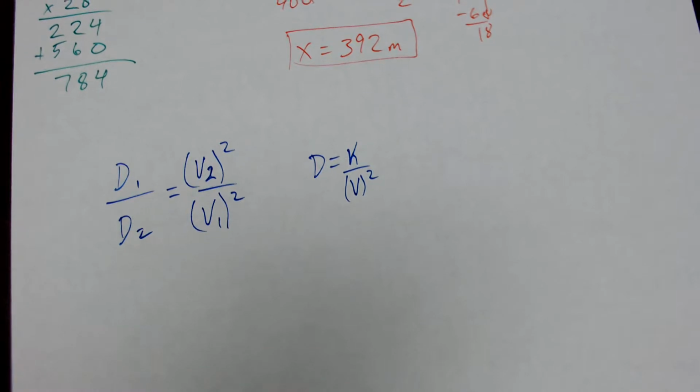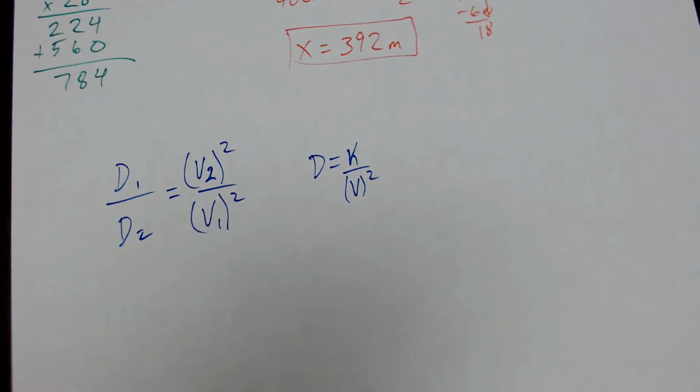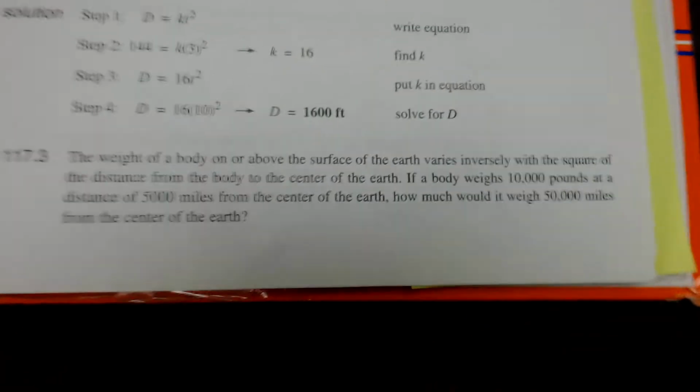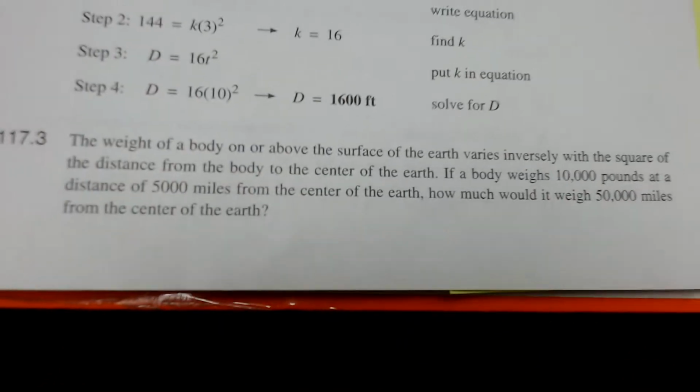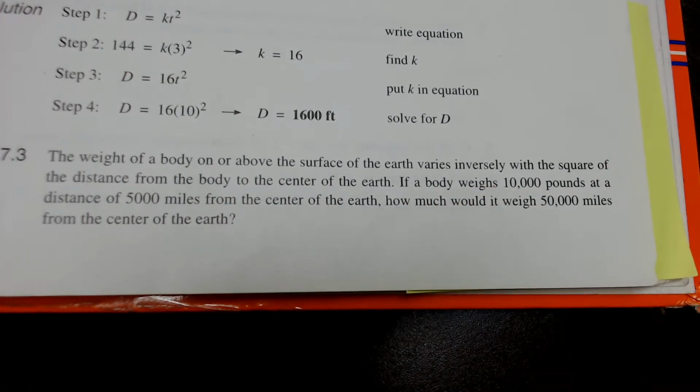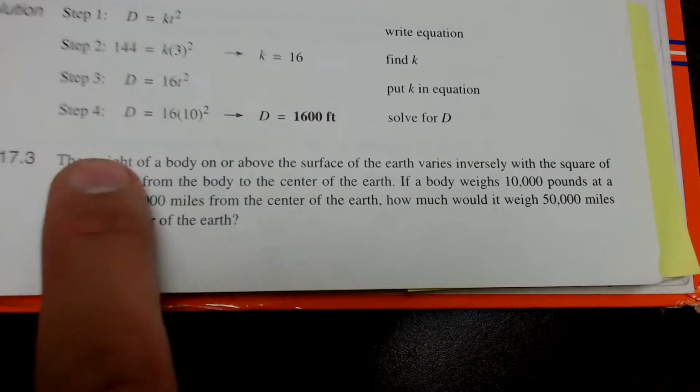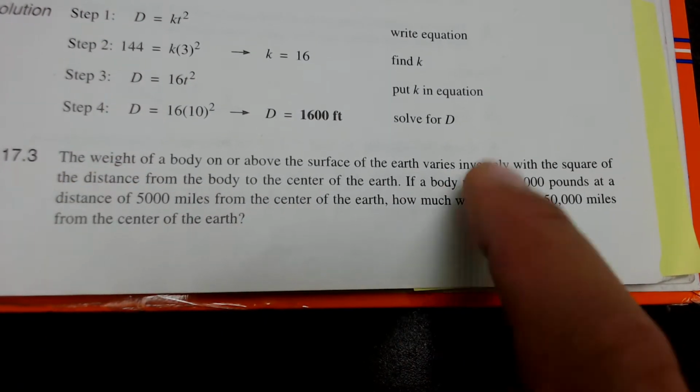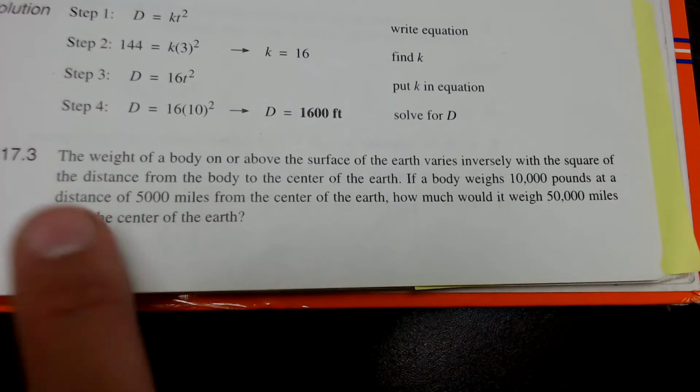Now let's go ahead and find an example where we use inverse squared. Okay, here we go. It says the weight of a body on or above the surface of the earth varies inversely with the square of the distance from the body to the center of the earth. So we've got weight inversely to square of distance.